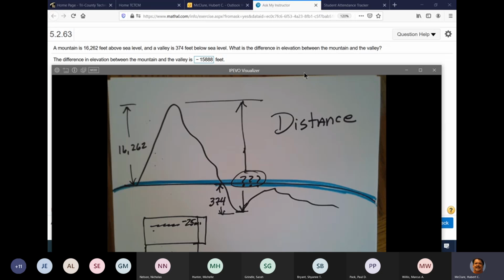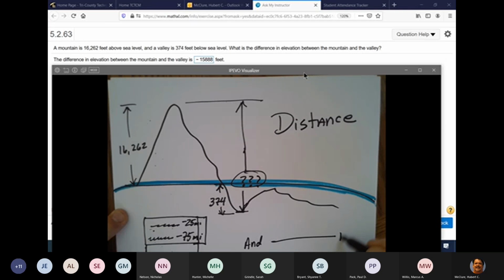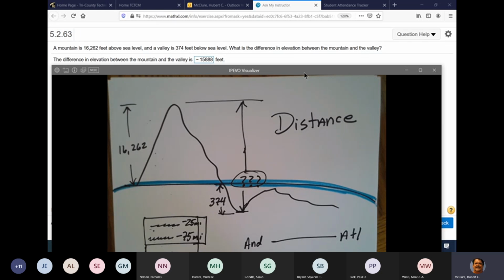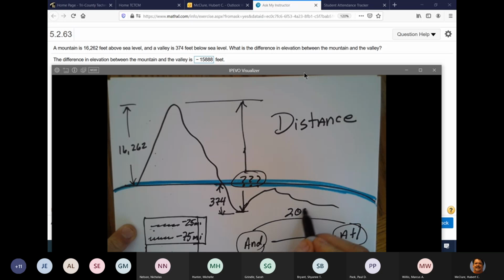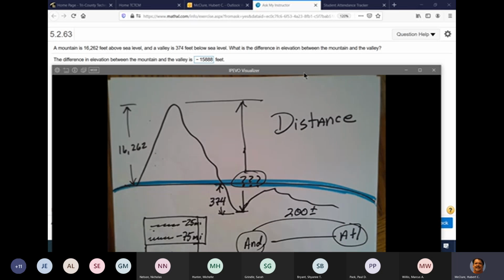Because if I go from Anderson to Atlanta, that's the closest big city close to us. That and Charlotte. If I go from Anderson to Atlanta, I travel 200 miles. If I come back home to Anderson, did I travel negative 200 miles? Yes or no?